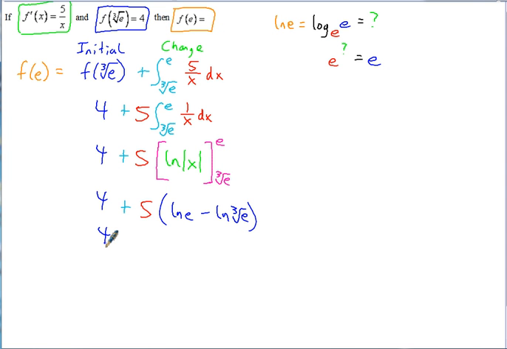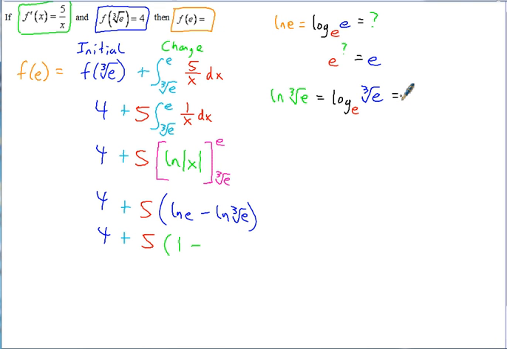So we have 4 plus 5. We just figured out the natural log of e is 1. Minus, let's figure out the natural log of the cube root of e in a similar fashion. So the natural log of the cube root of e equals the log base e, which is what natural log is short for, of the cube root of e.